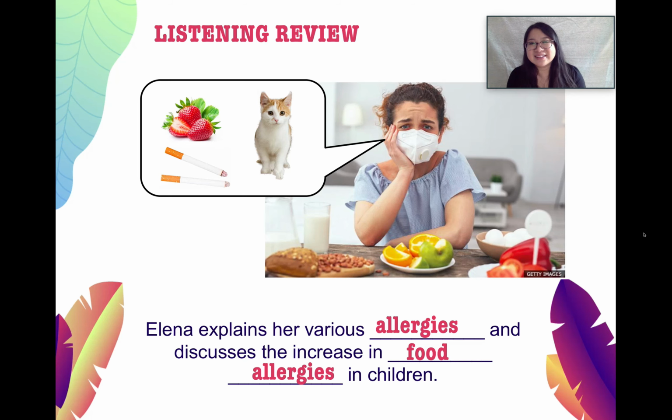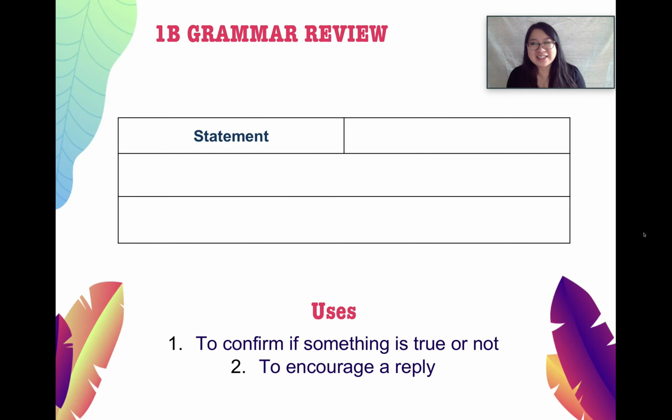All right, let's look at the grammar. We're going to see some examples, and I want you to remember the name of this grammar point. This grammar point changes a statement into a question. So, we're going to use tag questions.